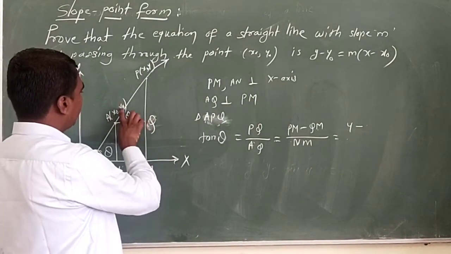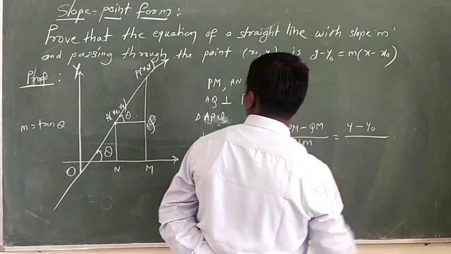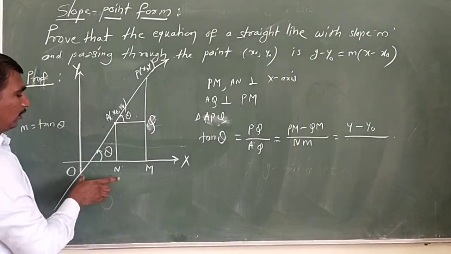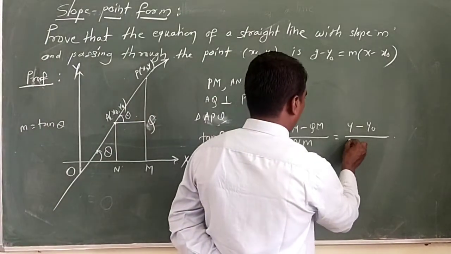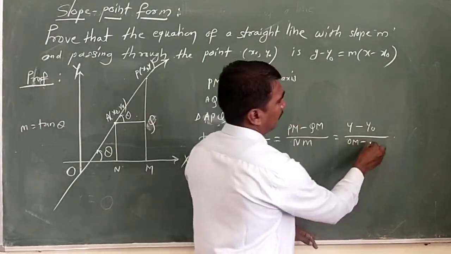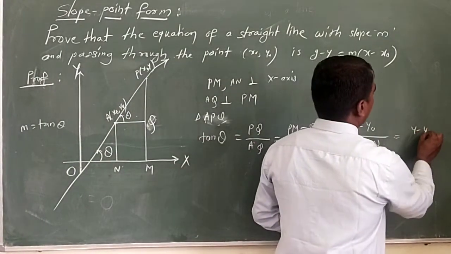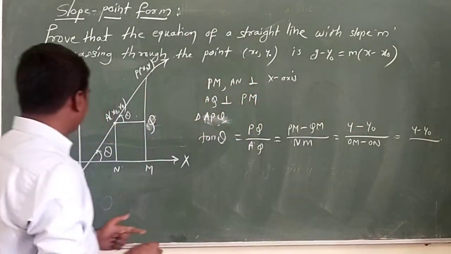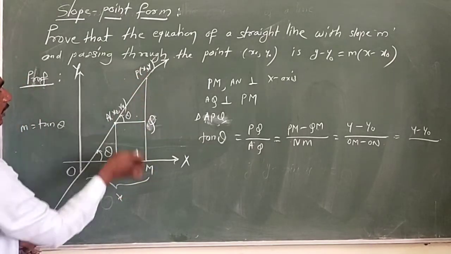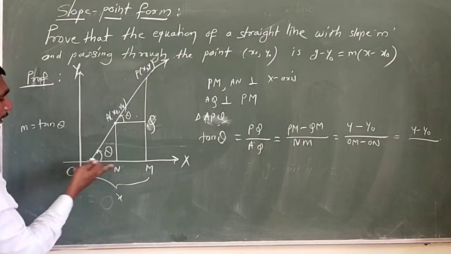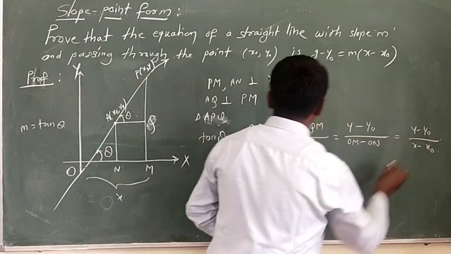is equal to, we take this distance as y0, upon, now we write NM as OM minus ON. So this is equal to y minus y0 upon OM, which is this distance, we take it as x, this is the x coordinate, and ON is equal to x0, that is x minus x0.